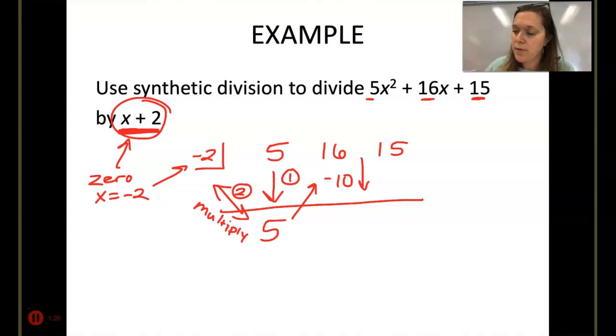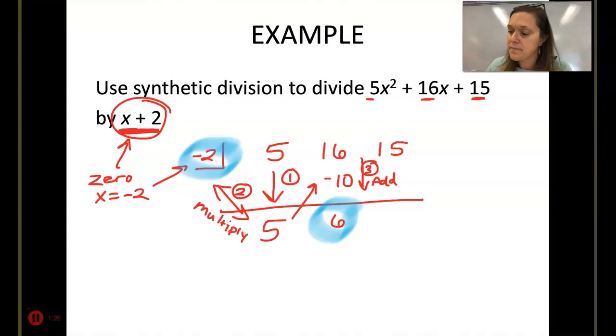Step number 3, add. Not like in long division where you subtract, here I'm physically going to add and I get 6. Now I'm going to multiply again: negative 2 times 6, and put that product up here so I have space. Negative 2 times 6 is negative 12. Adding that gets us 3.